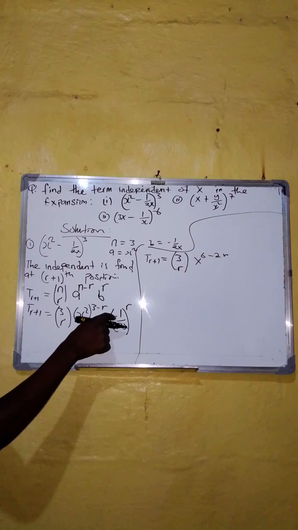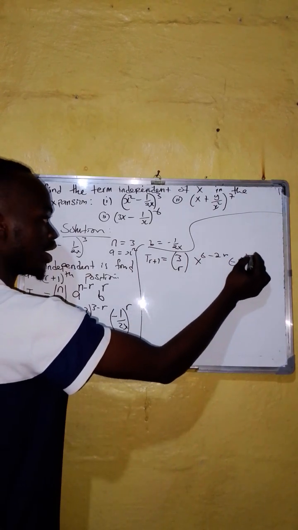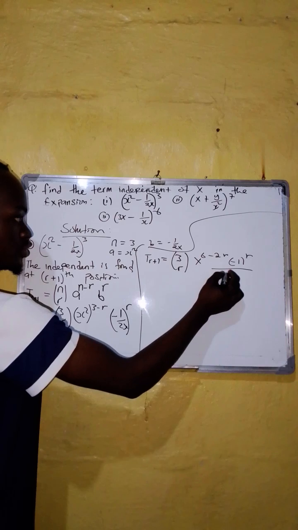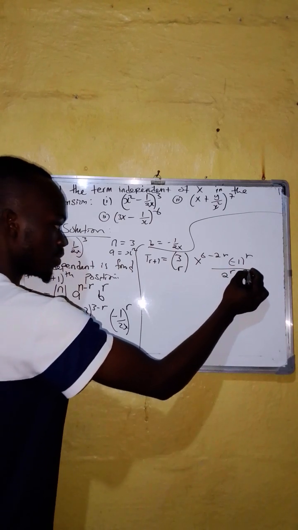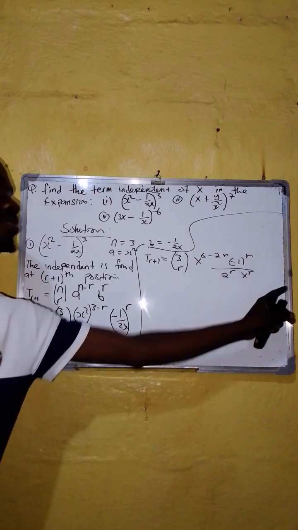This r is for both the numerator and the denominator. It means we are going to have negative 1 to the power r over 2 to the power r and x to the power r. So this is our independent term.